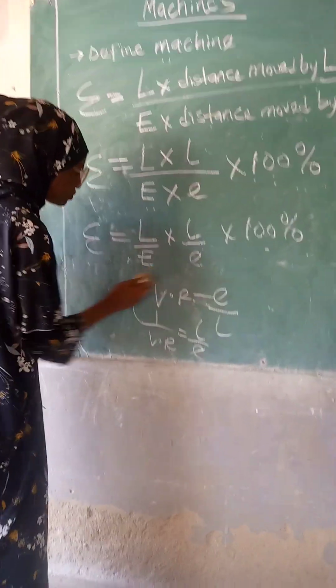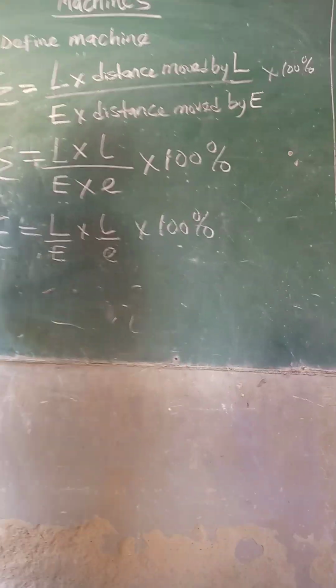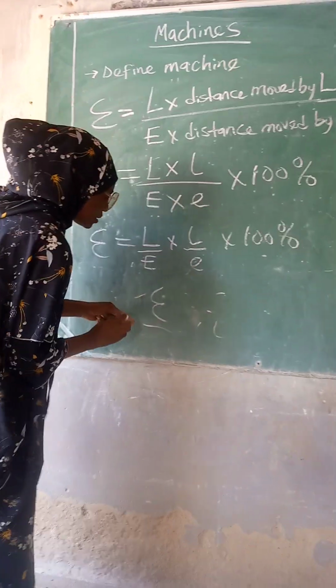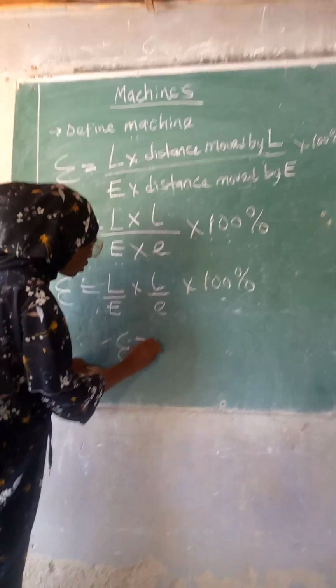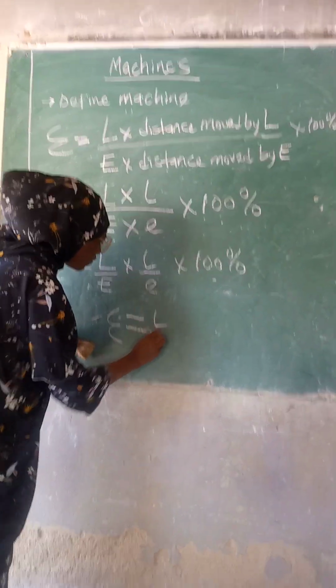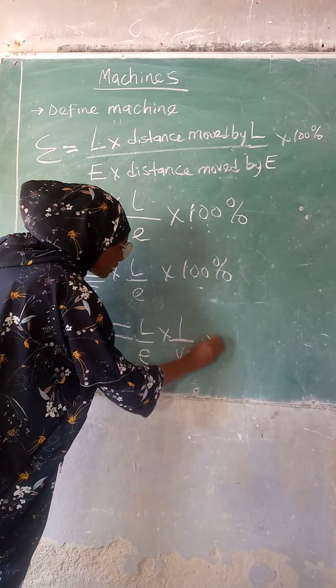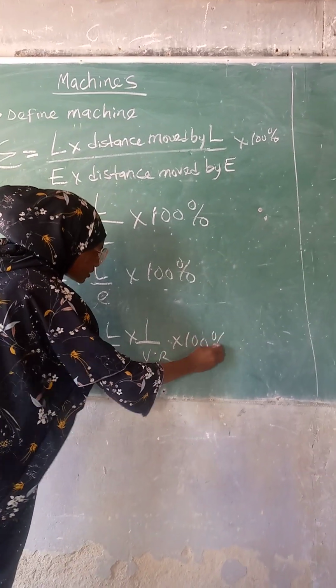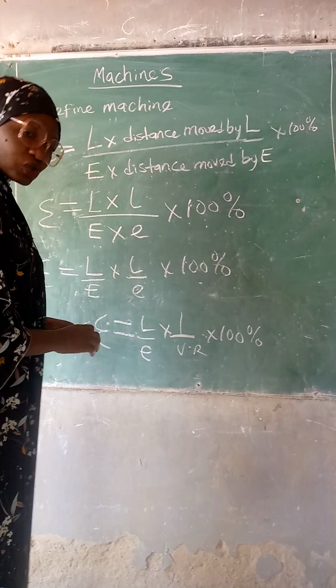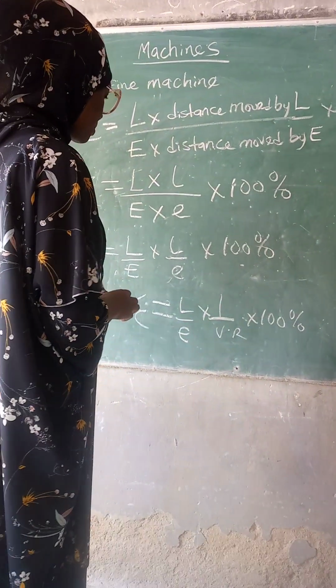So let's do this. Efficiency is equal to L over E times 1 over VR times 100%.